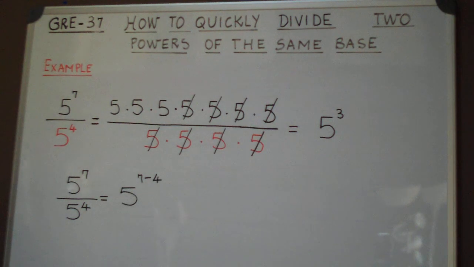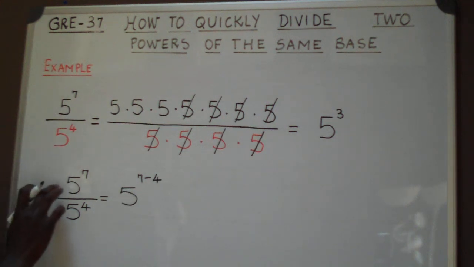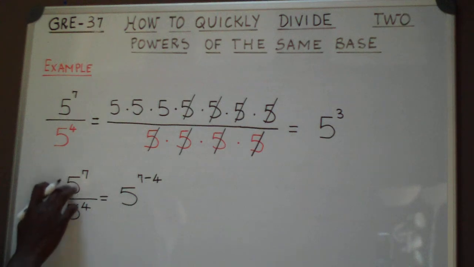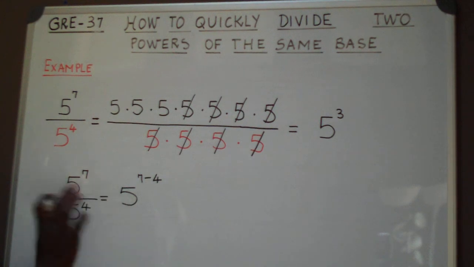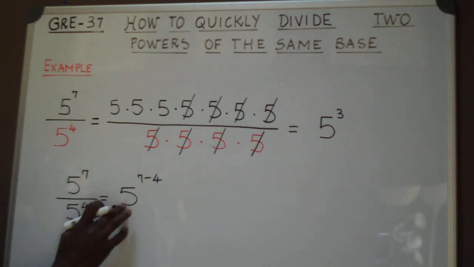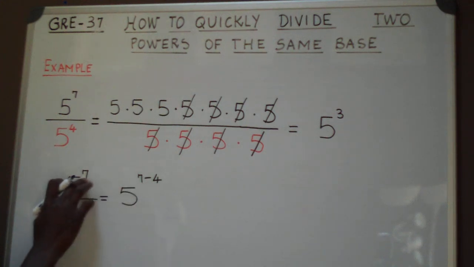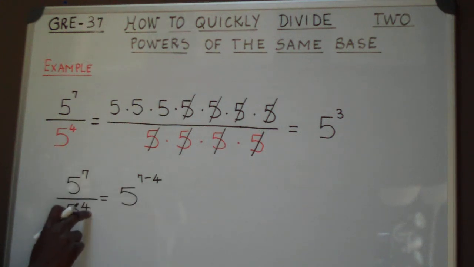In other words, if you have a power of 5 divided by another power of 5, as long as the two bases are the same, the answer is obtained simply by writing the common base and raising it to the exponent of the numerator minus the exponent of the denominator.